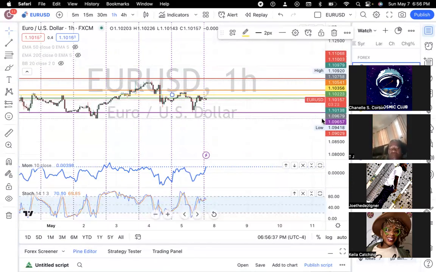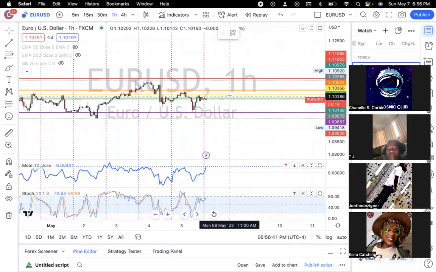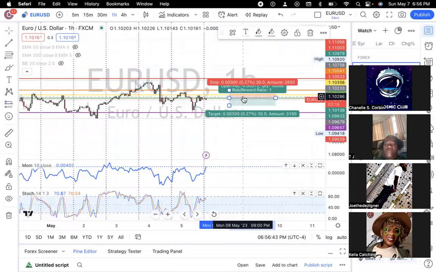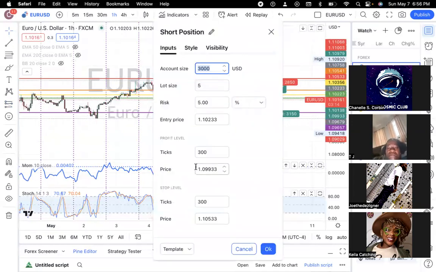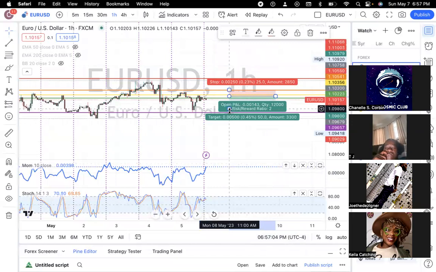I'm gonna set my TP. I might set a sell limit at 300. So I'm gonna set my stop loss at 250. And then we can extend it based on what we see.